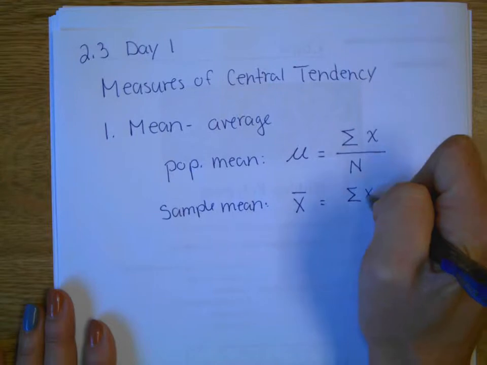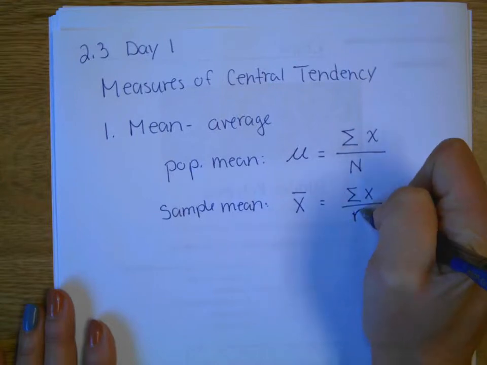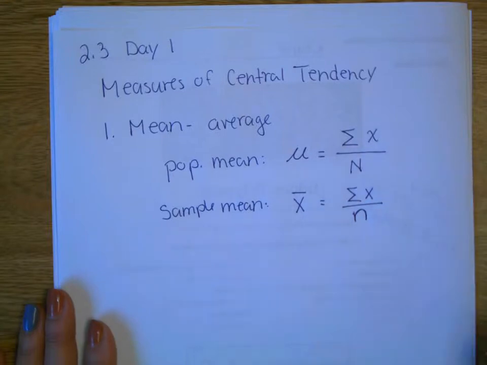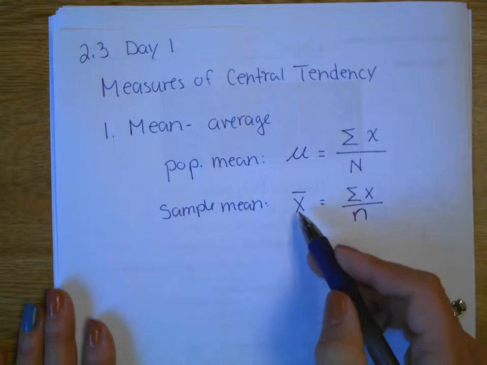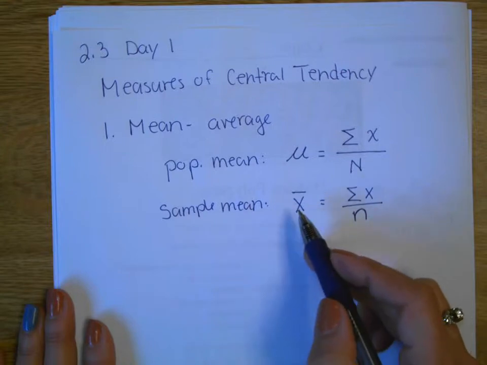They'll use lowercase n because we're working with a sample instead of a population. But it's still, add them up, divide by how many you have. That's just the symbol to represent sample mean. It's the average from the sample.